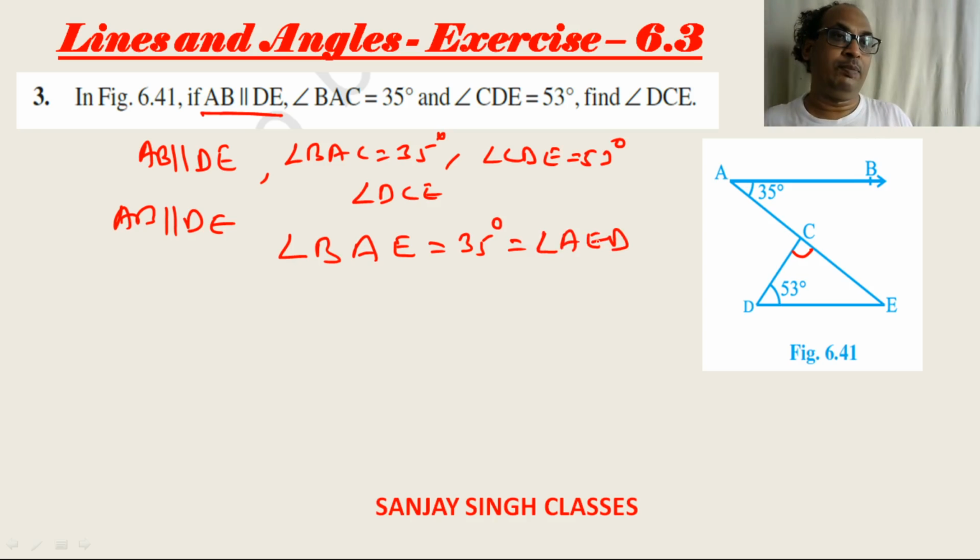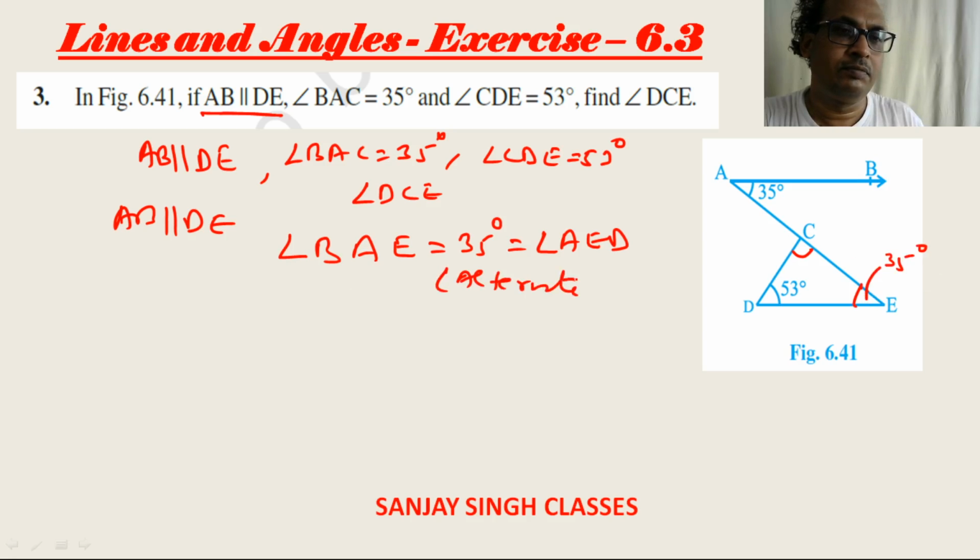So that is also 35 degree. So this has become 35 degree. So they are alternate interior angles, 35 degree. Why? Alternate interior angles.